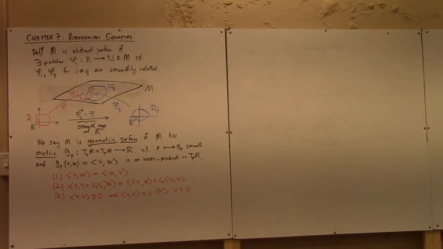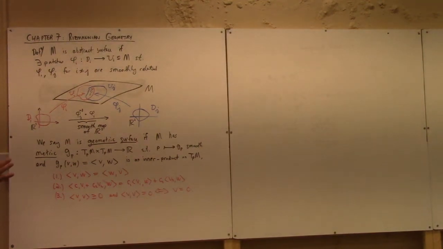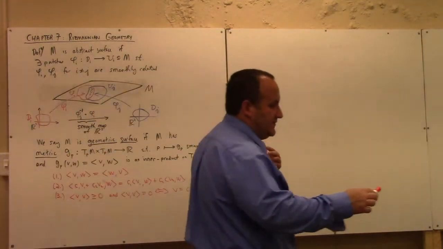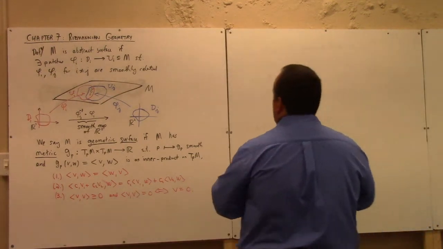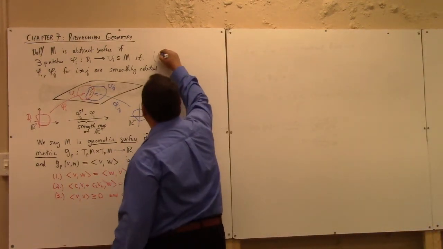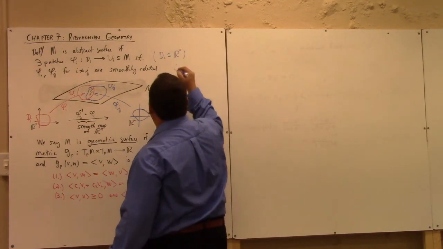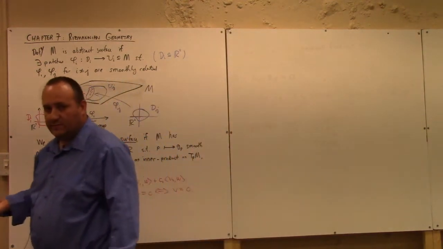Now, I haven't even really, except in my picture here, made clear where the D sub i's are. But I do mean to assume that D sub i is a subset of R2, right? Now, did I say where M is?